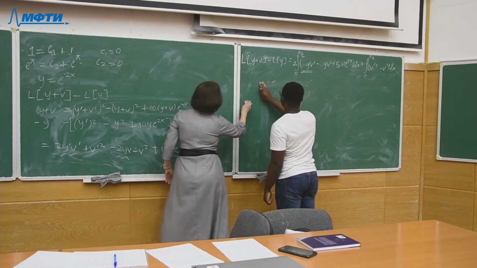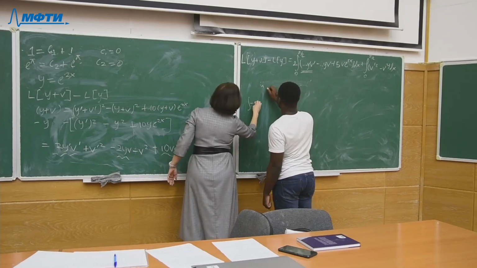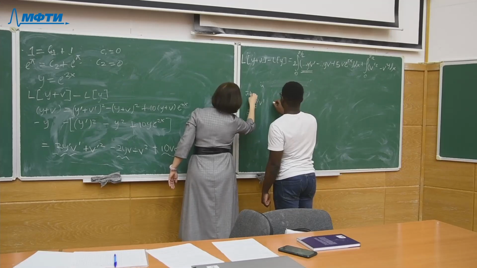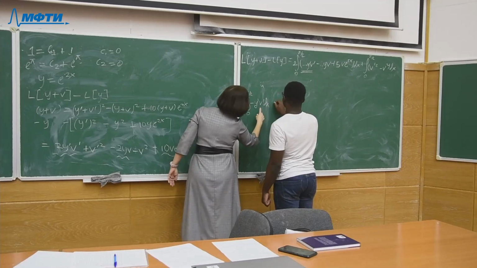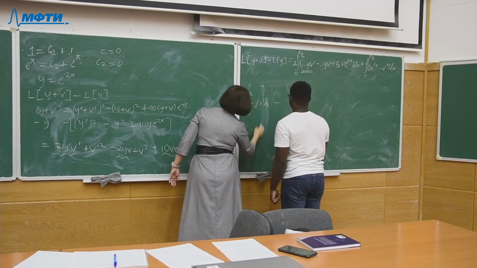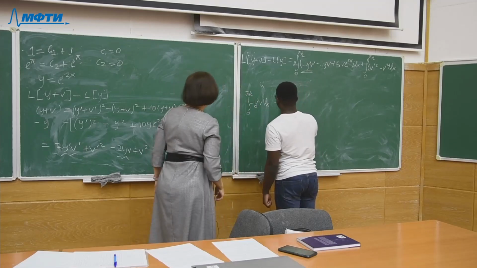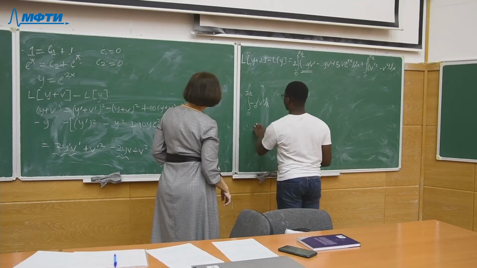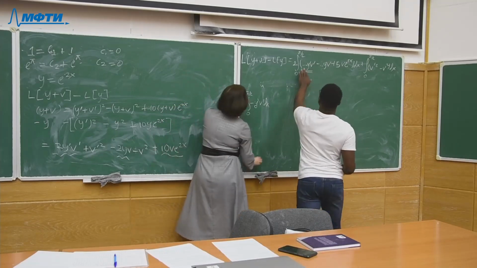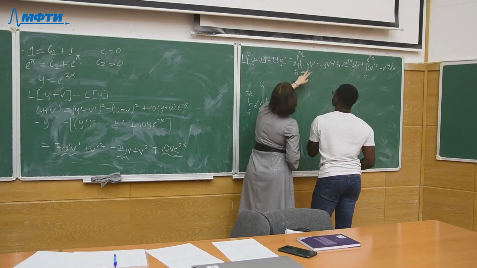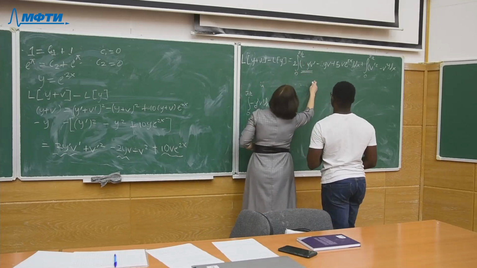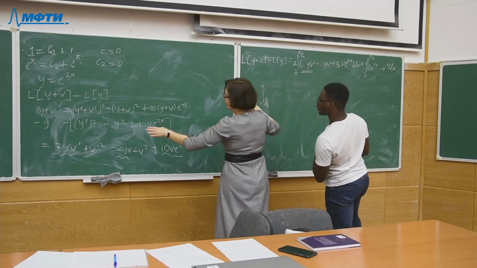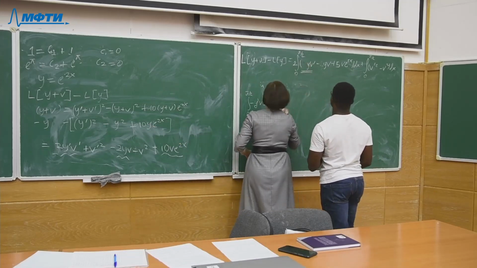So the integral of minus y prime v prime. If you want to integrate by parts, you must move v prime under the differential. Wait. So it is minus, I think. Is it minus or not? Not minus. So not minus.